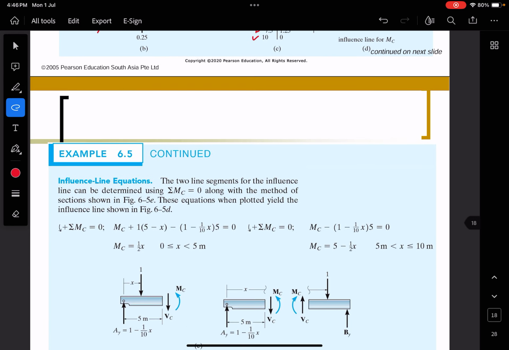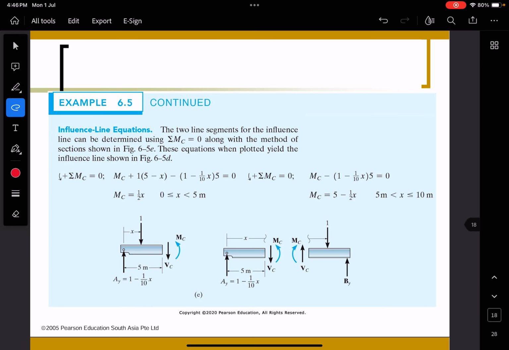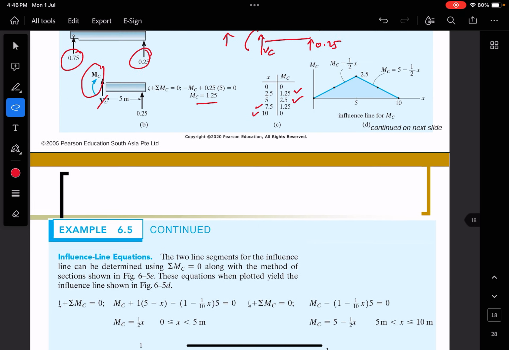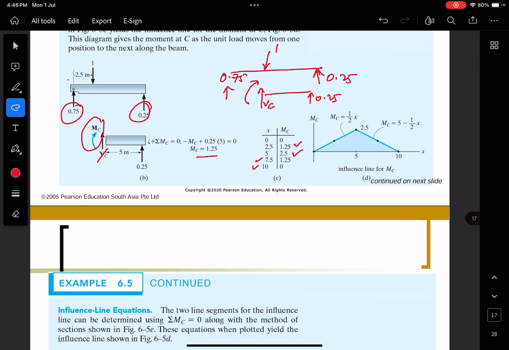So the second approach is to use influence line equations. So you can determine the two line segments, like this. This is what we call the first line segment and this is the second line segment. You already have this diagram based on the first approach.